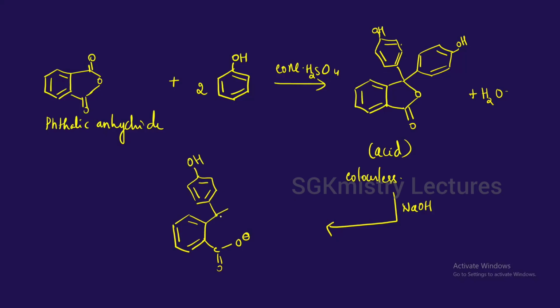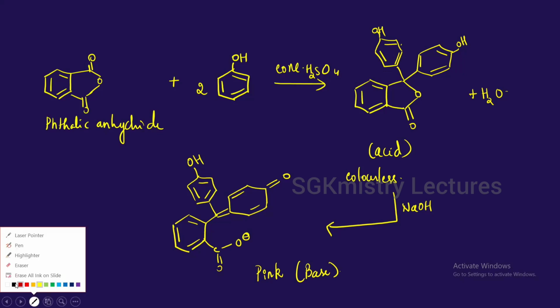Here there is conjugation, and the cyclic structure breaks. So phenolphthalein is pink because it is in the basic medium. This is how a pink color is observed when you add sodium hydroxide. The basic idea is that phenolphthalein is produced and gives a pink color when you add the base. Let us look into the next test.